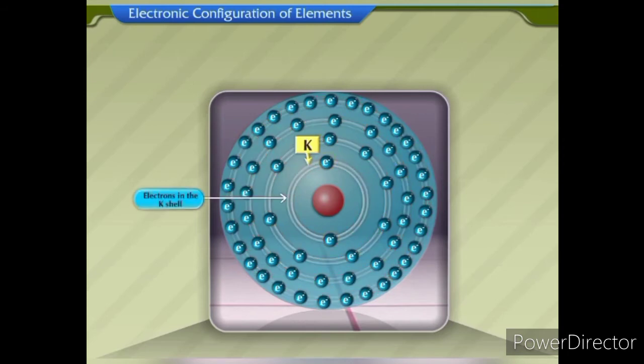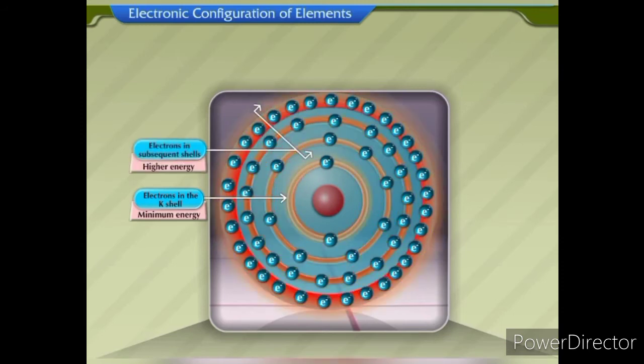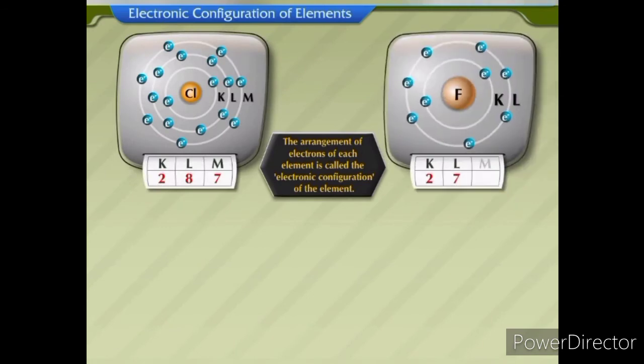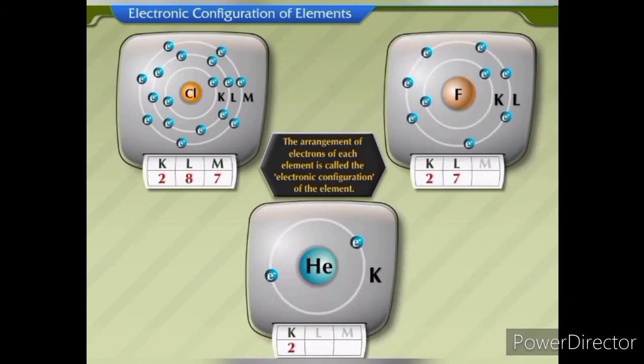Electrons in the K shell have minimum energy. Electrons in subsequent shells have higher energies. The arrangement of electrons of each element is called the electronic configuration of the element. It is represented by numbers which correspond to the electrons in the shells.